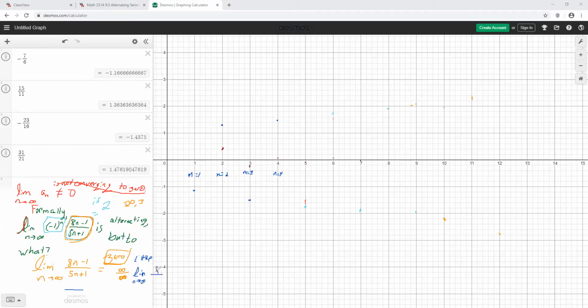What's the derivative of 5n plus 1? 5. And is there any n in here anywhere to put infinity? No. So we would get 8/5, which, by the way, is the same as 1.6.